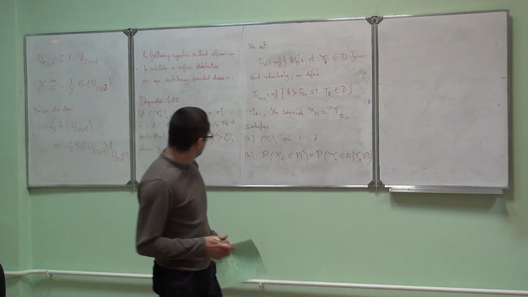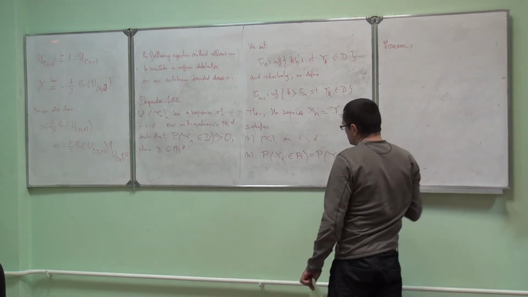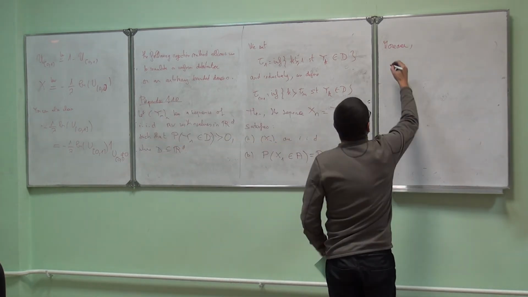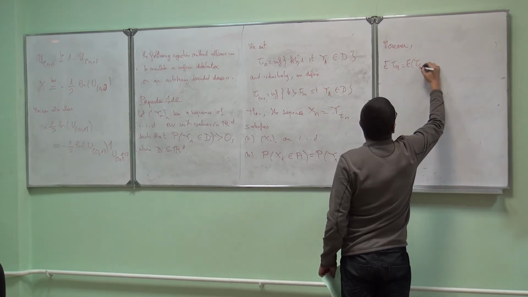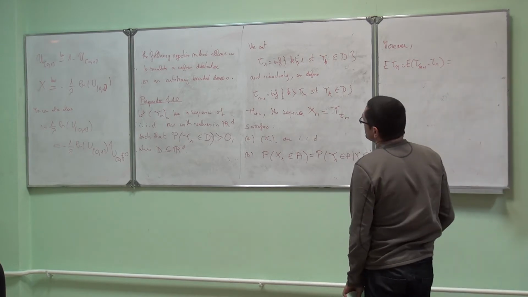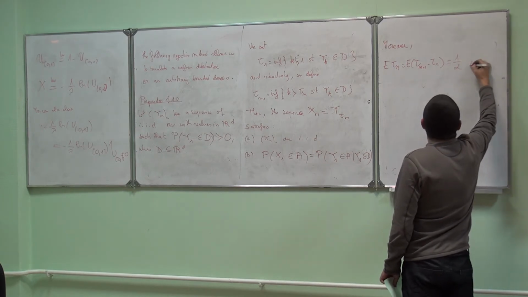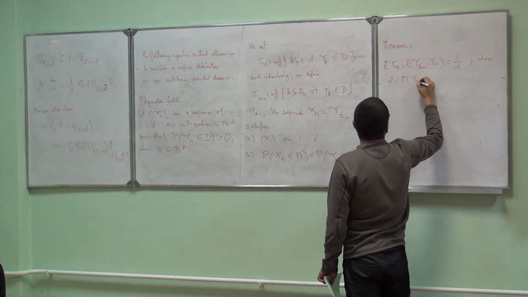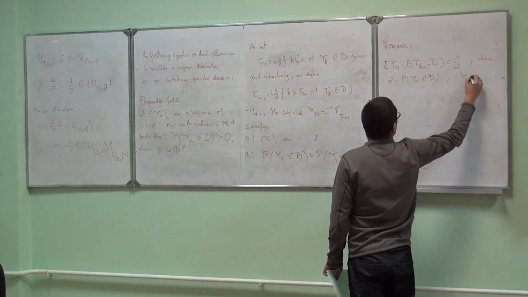There are, moreover, interesting features about this scheme. Moreover, the expectation of tau1 equals the expectation of tau n plus 1 minus tau n equals 1 over alpha, where alpha is the probability for y1 to be in capital D. Okay, for every n.